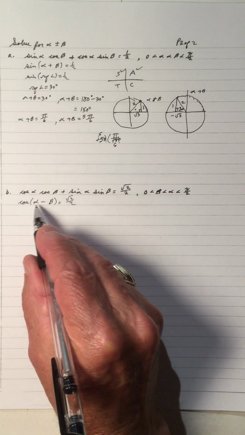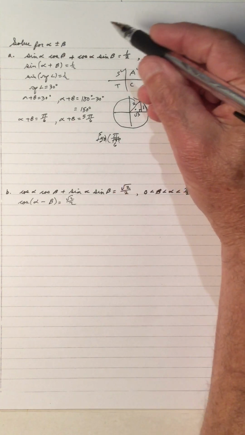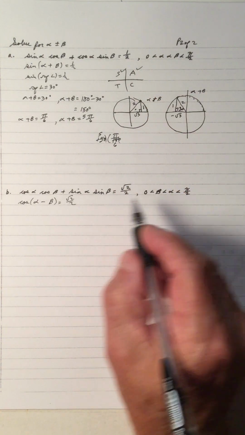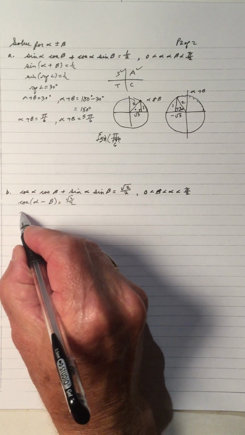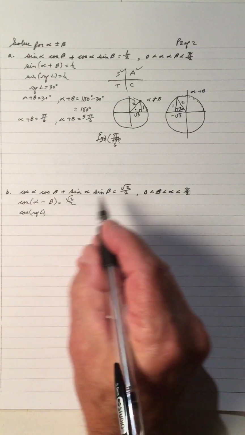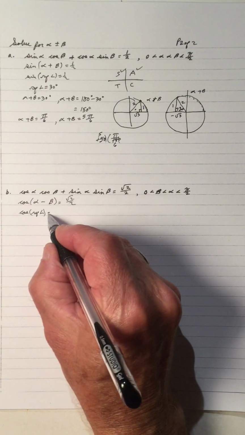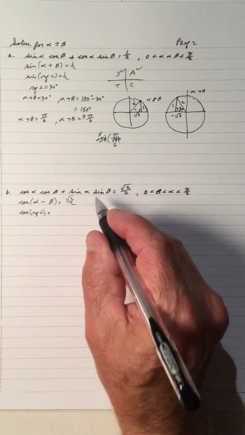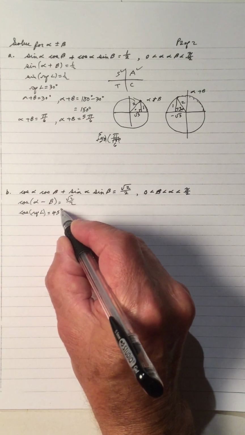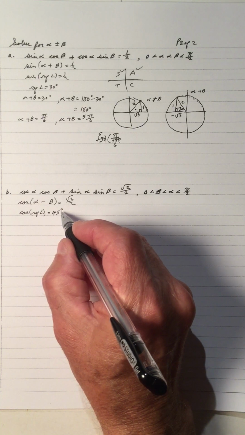I didn't want this angle to be negative, to keep it positive. So the cos of the reference angle is √2/2, which is the 45 right triangle, so cos of 45 is root 2 over 2.